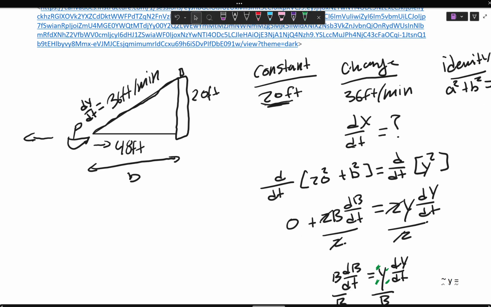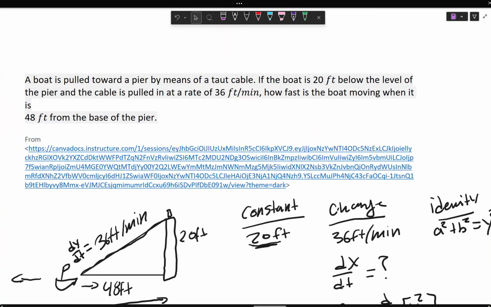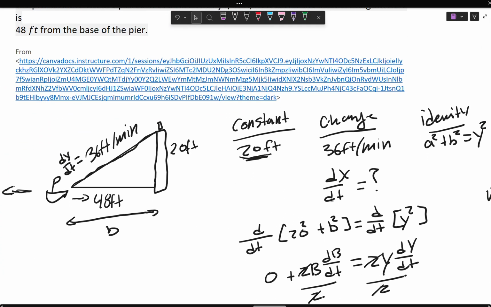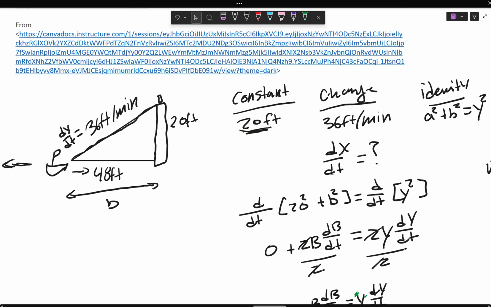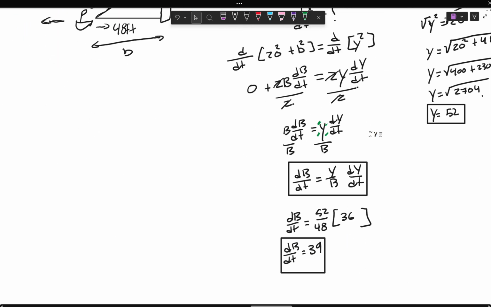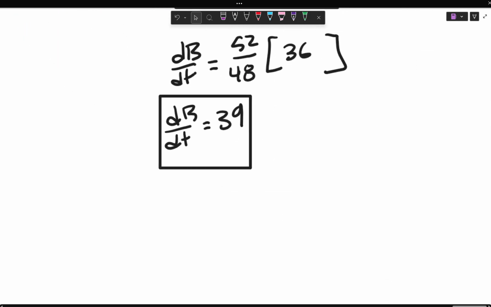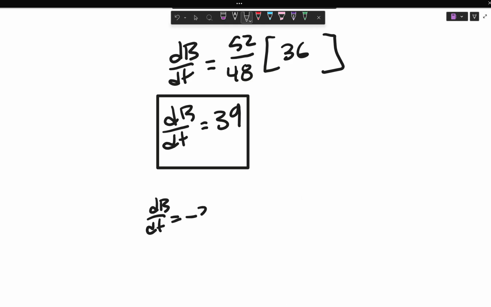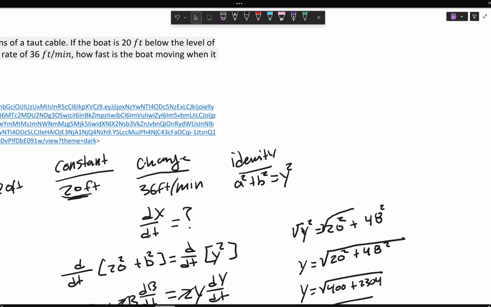We're not going away, we're going back to the pier, so db over dt equals negative 39 feet per, is it second or minute?